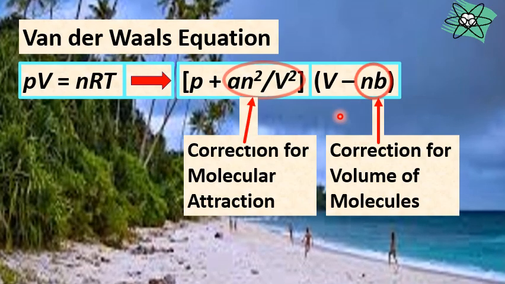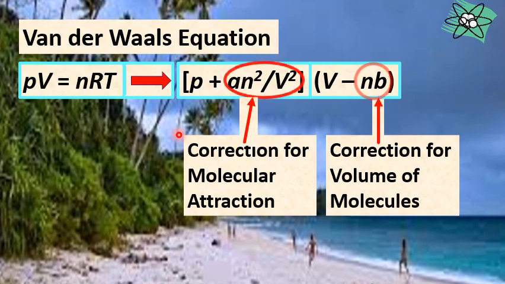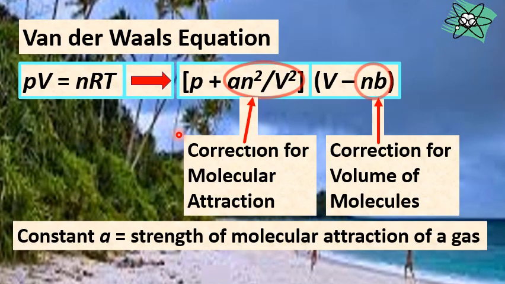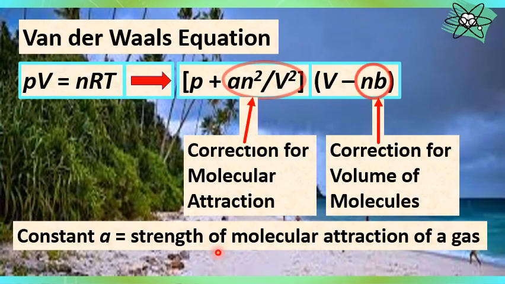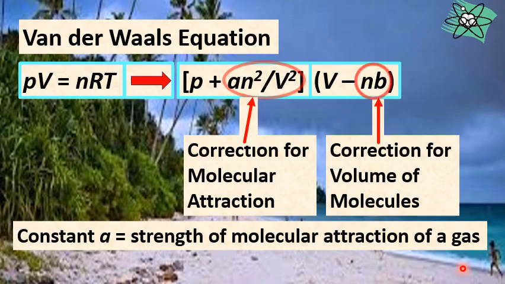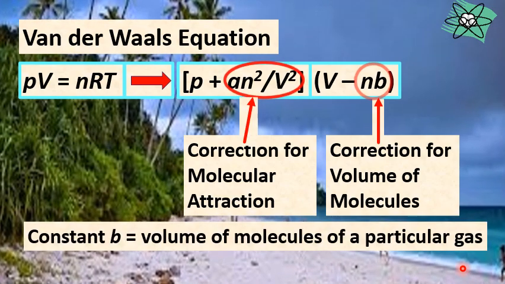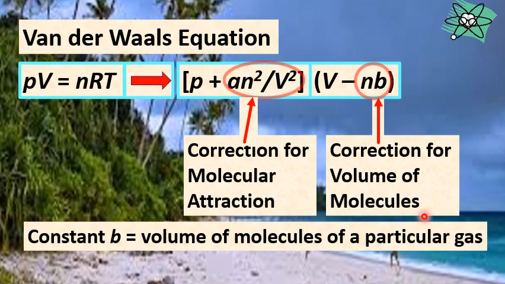These two are the van der Waals constants. The constant a pertains to the strength of the molecular attraction of the gas, while the constant b refers to the volume of the molecules of a particular gas.